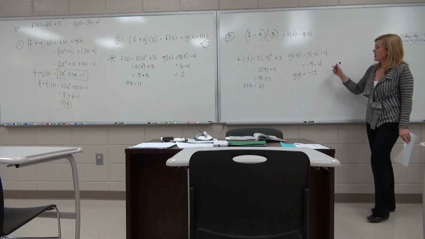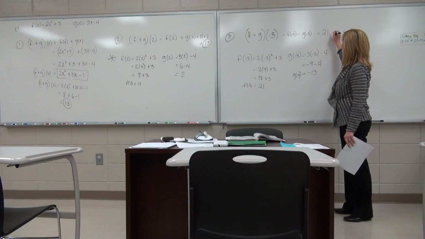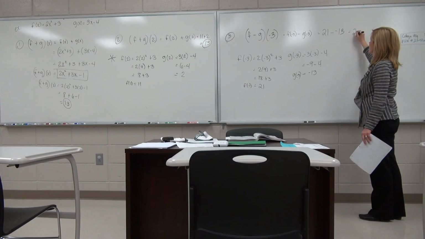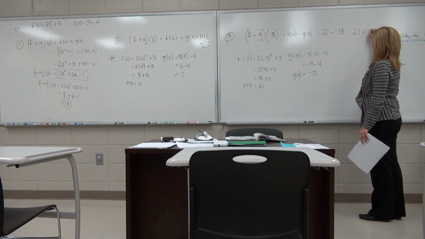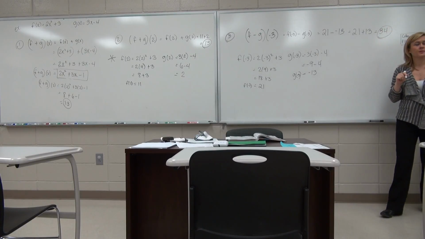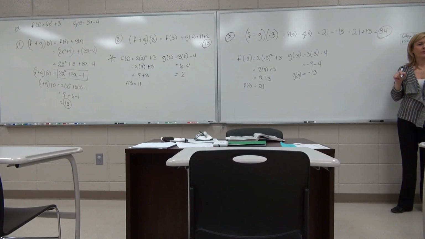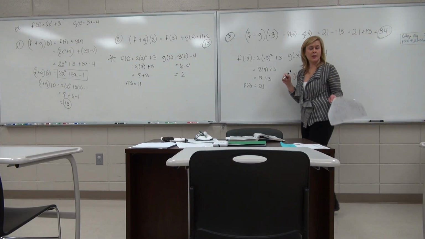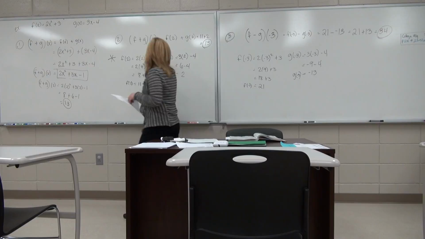So your answer would be 21 minus a negative 13, and then what do two negatives make? Positive, so it's 21 plus 13, which is 34. Okay? Good on that one? Alright, let's do some more with this one.